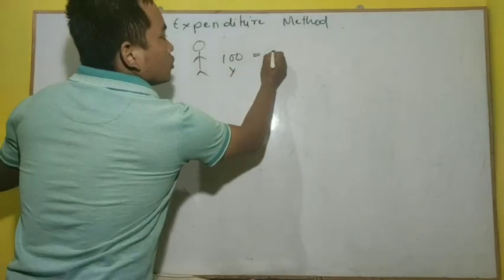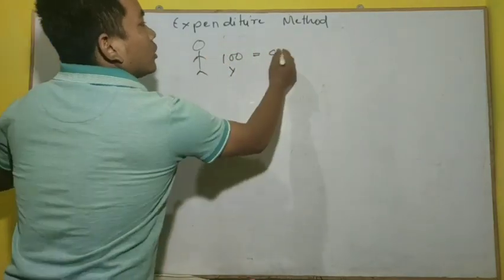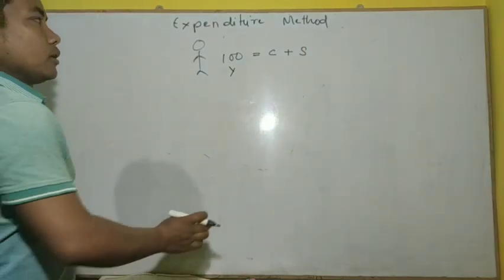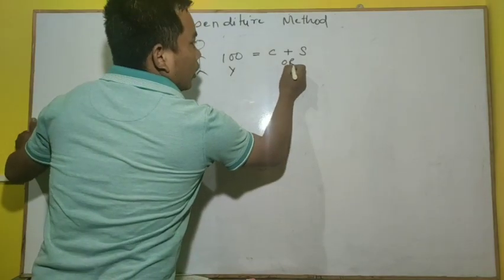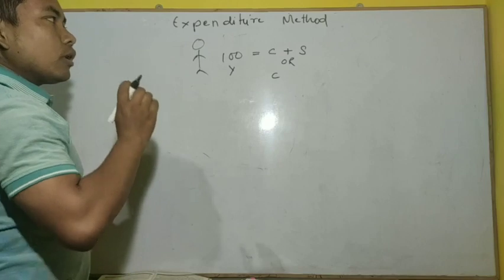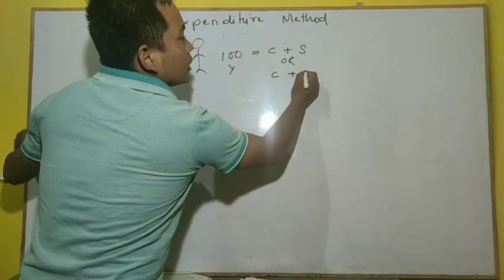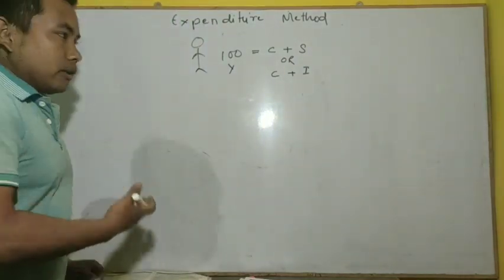Consumption is compulsory. You can consume some part of this income and the remaining you can invest in some ventures.